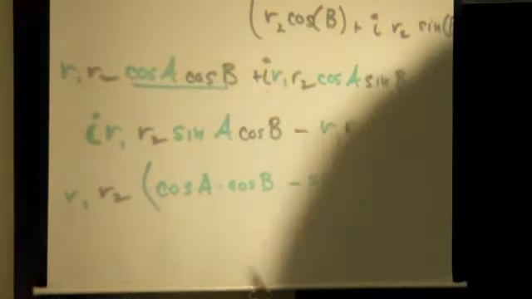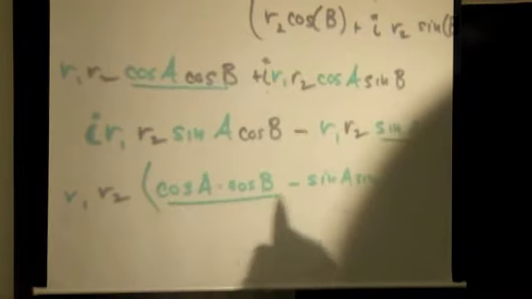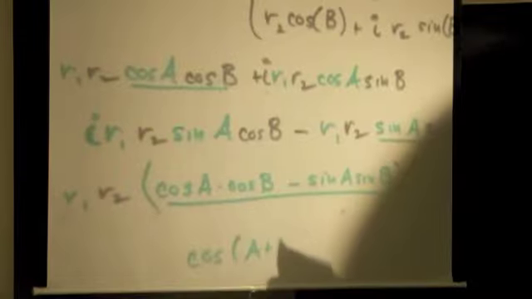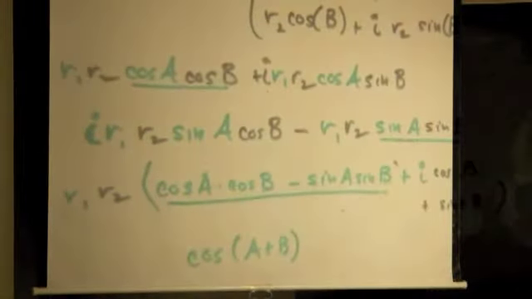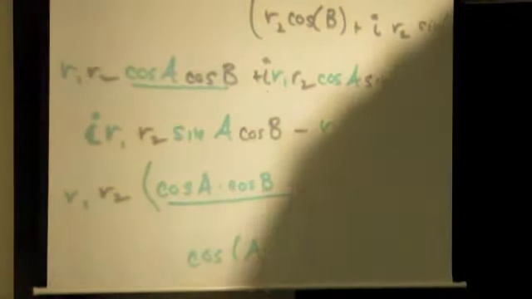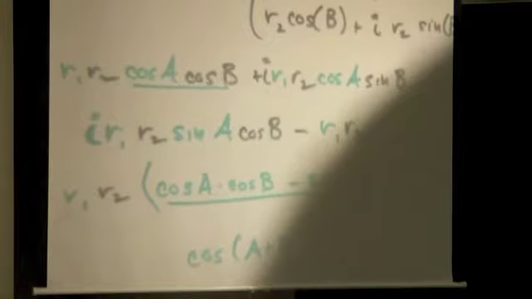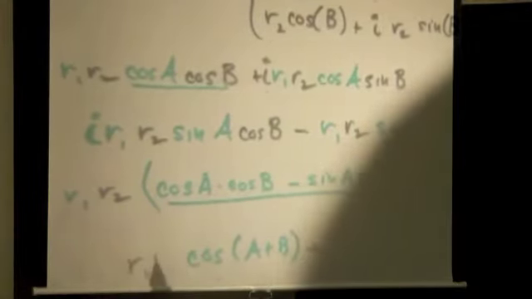And one of the identities is that this mess here is equal to the cosine of A plus B. And this mess here is equal to the sine of A plus B. And we got R1 and R2 still up front.